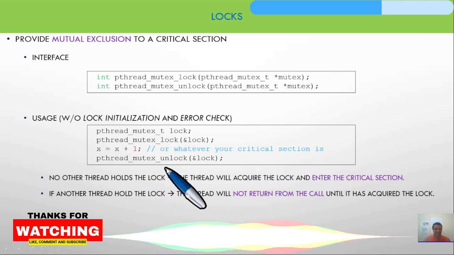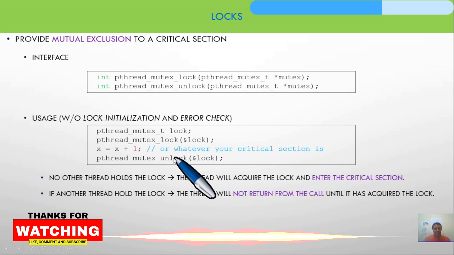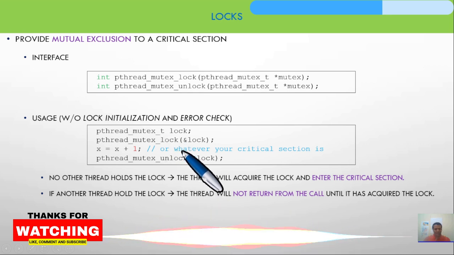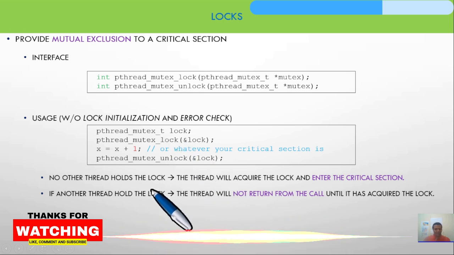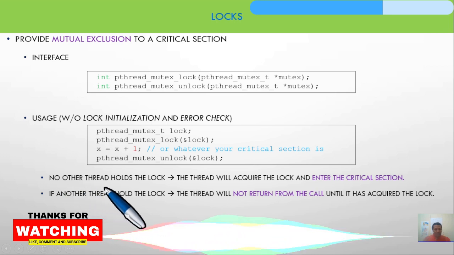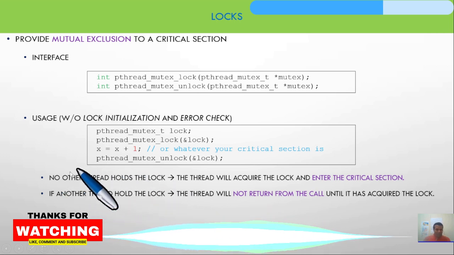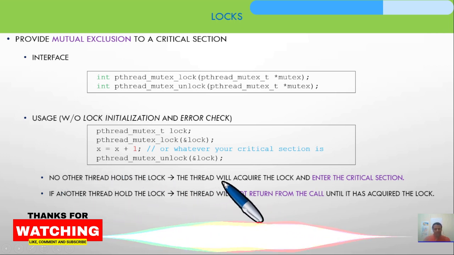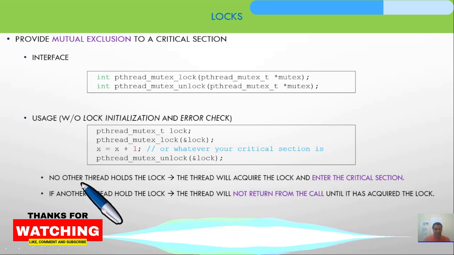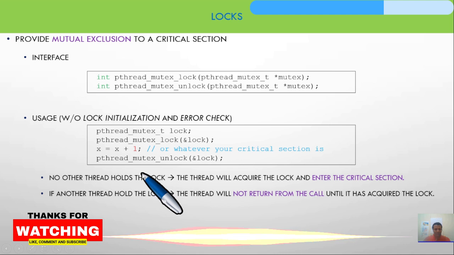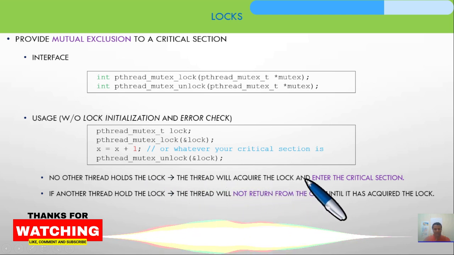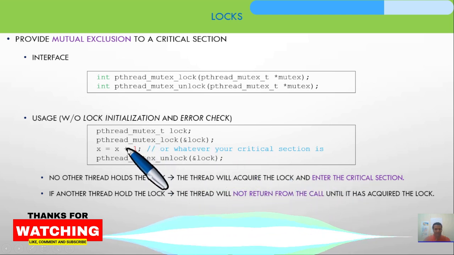Then pthread_mutex_unlock, okay, this one is for the lock, this is for unlock. If no other thread holds the lock, then the thread will acquire the lock and enter the critical section.